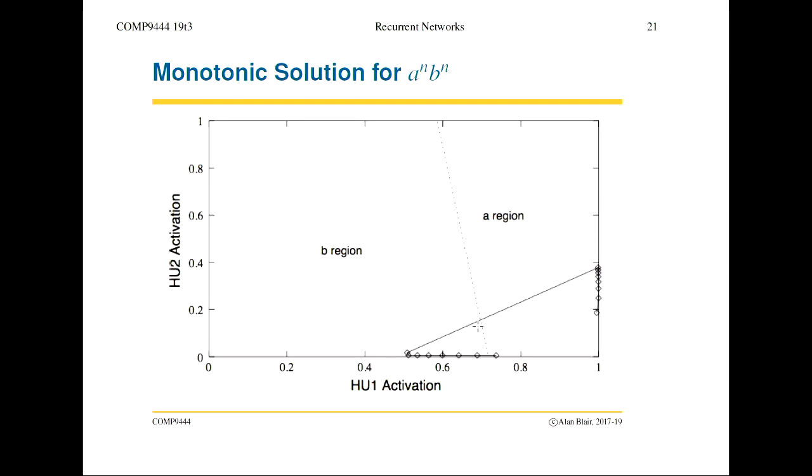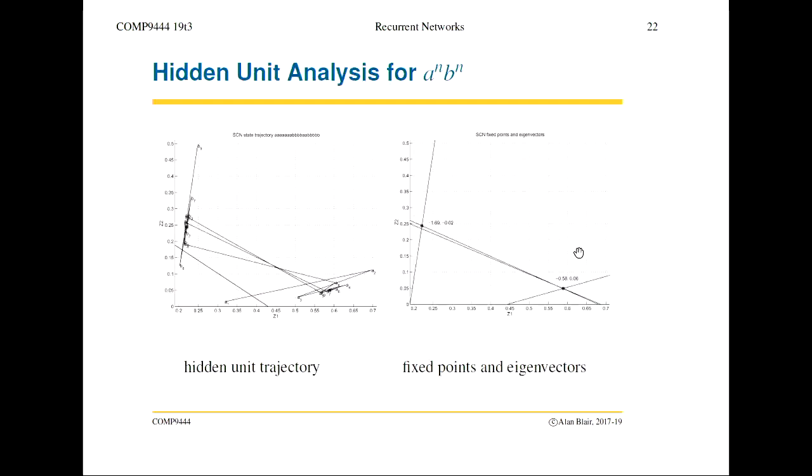Sometimes you get a solution where it stays on the same side, but again, it goes exponentially closer to here, and then afterwards exponentially away from this. And you can analyze the dynamics of this by looking for fixed points, doing a linear approximation around the fixed point, and then diagonalizing the matrix and so on. There's ways of analyzing these things.